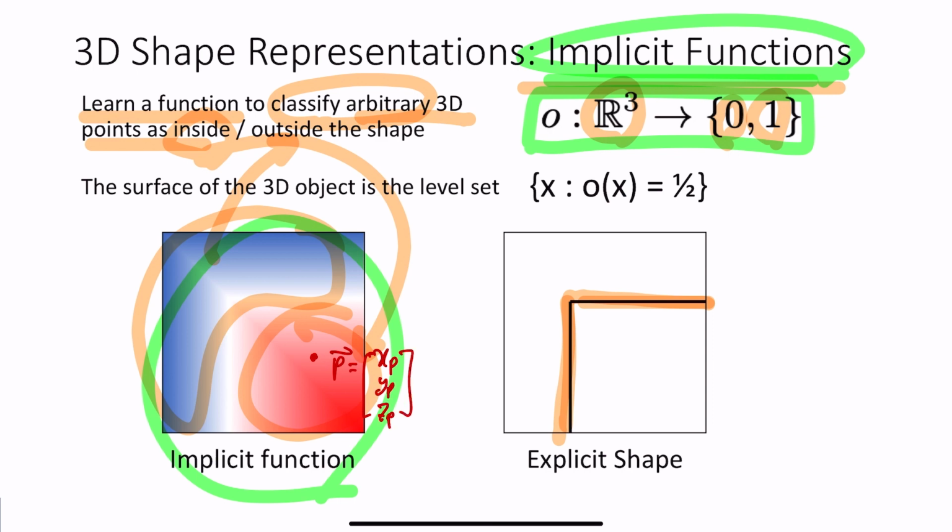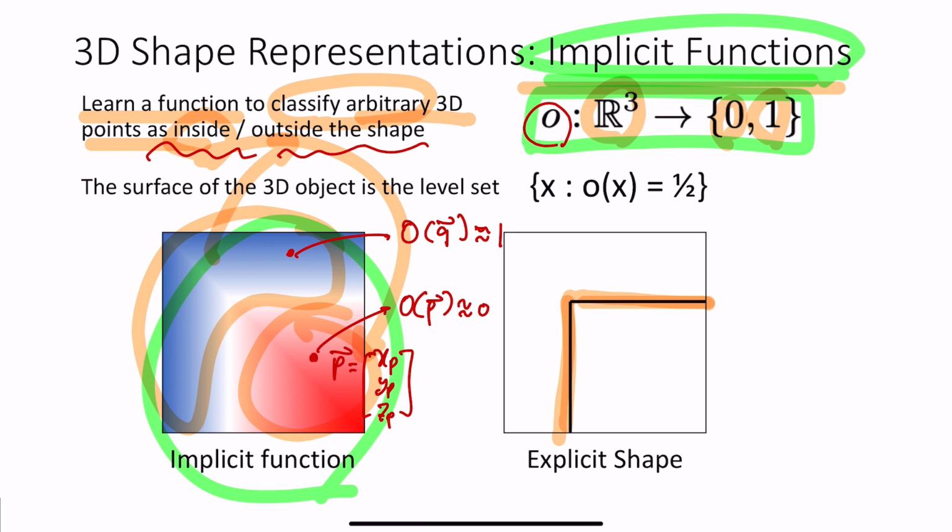So we have some function O, or some representation O, which represents inside or outside of the shape. For example, when we define the inside of the object as 0, O of this point P is very close to 0, while O of Q is going to be 1 in this case.